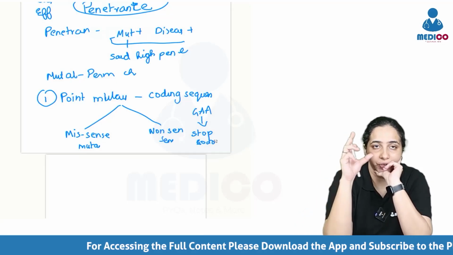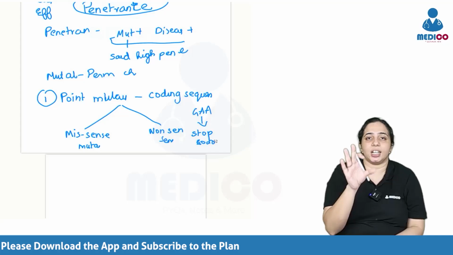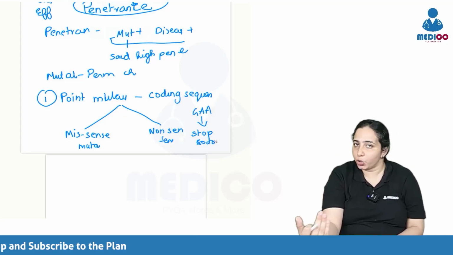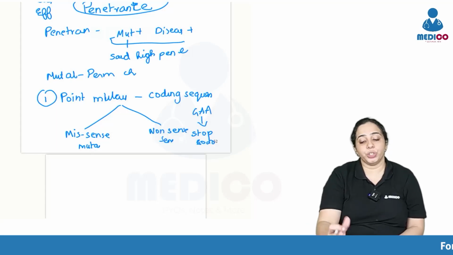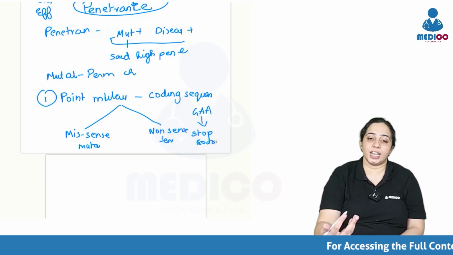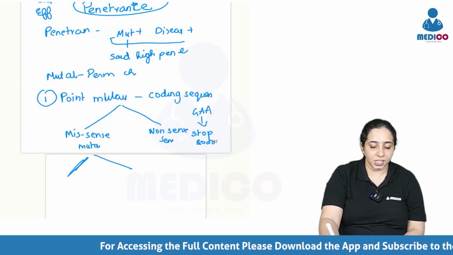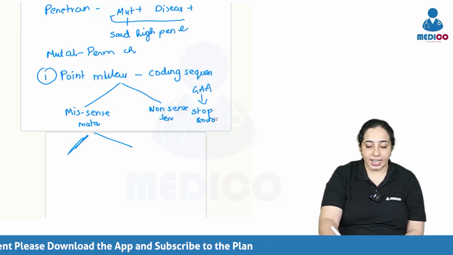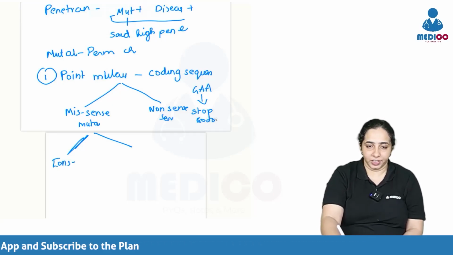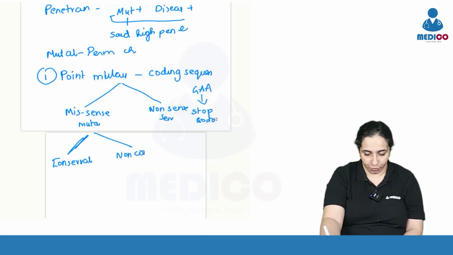Instead of a normal protein being produced, you have a stop codon. So that is called a nonsense mutation. Now, missense mutation can be of 2 types. It can either be a conservative mutation or a non-conservative mutation.